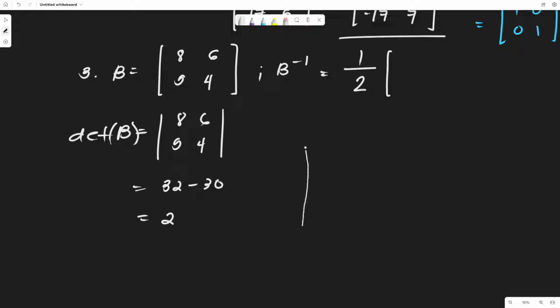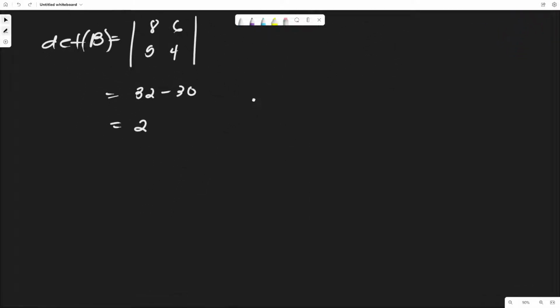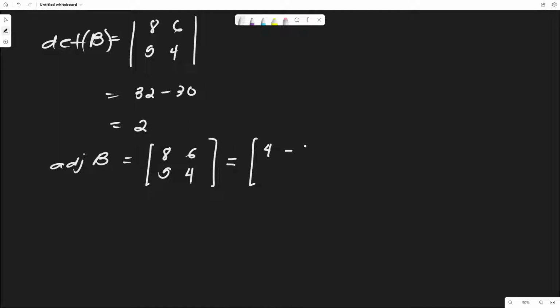Let's get the adjugate matrix. From our original matrix, we get 4, negative 6, negative 5, 8.